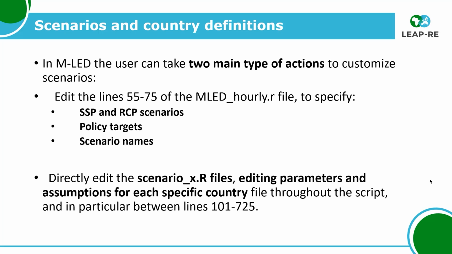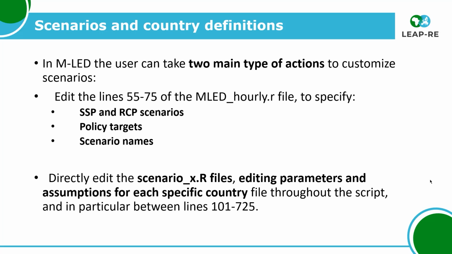And in addition to that, it's possible to directly edit the scenario country files. So for the country scenario that you are interested in, the country model that you would like to develop, basically directly editing the parameters and the assumptions for each country file throughout the scenario file script.